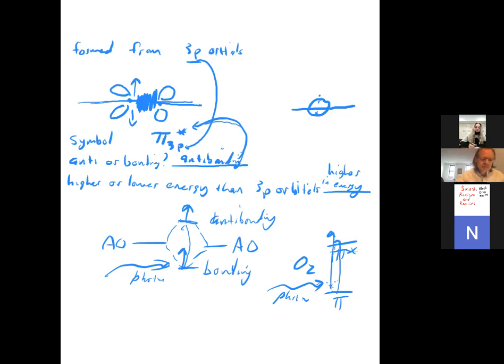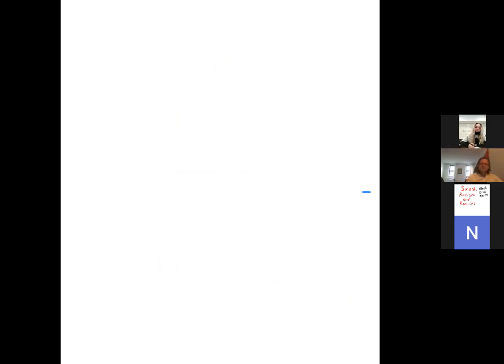The next type of problem is about doing the energy diagrams. So let's talk a little bit about energy diagrams. As I said, these energy diagrams have to be calculated using molecular orbitals.